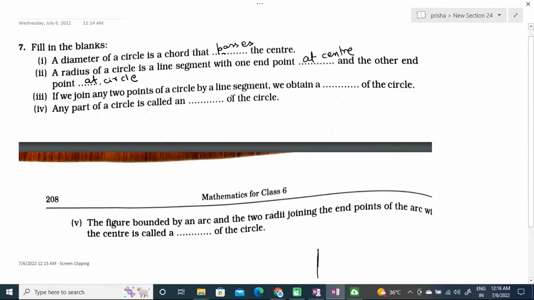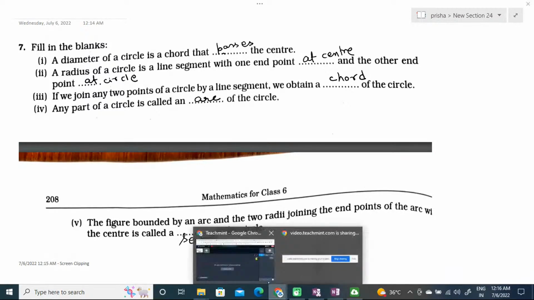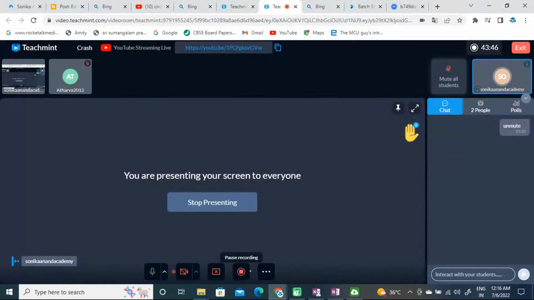If we join any two points of a circle by a line segment, we obtain a chord. Any part of a circle is called an arc of the circle. The figure bounded by an arc and two radii joining its endpoints is called a sector of a circle. So this is overall what we have done.